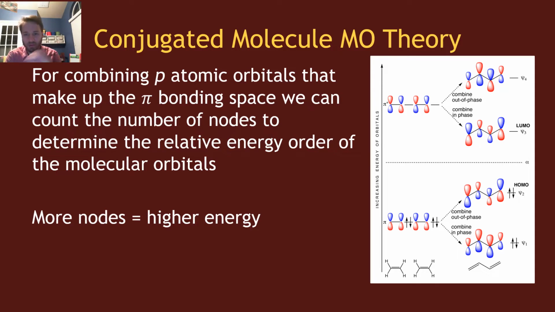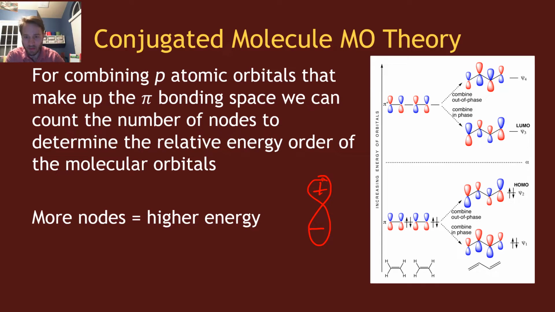When looking at MO theory for conjugated molecules, and specifically focusing on the pi space, those pi spaces are composed of p orbitals. If you have a p orbital, you have a plus and a minus section to it: a place where the wave function is positive, a place where the wave function is negative.